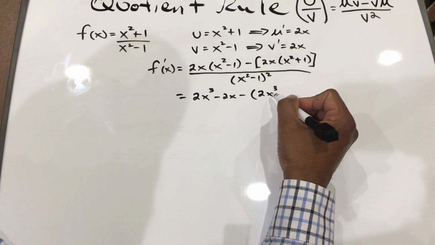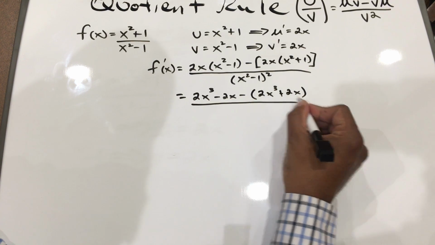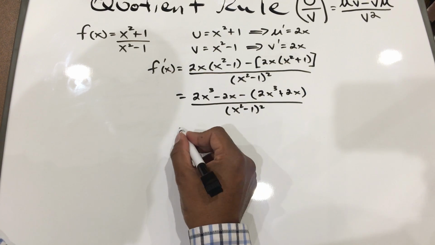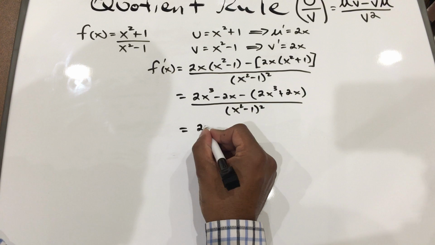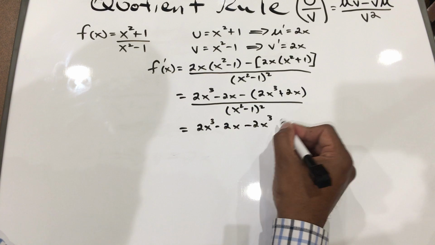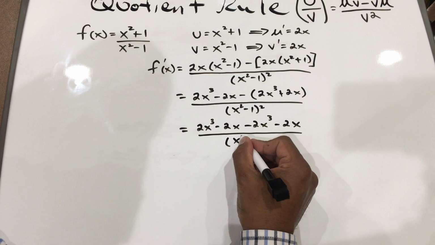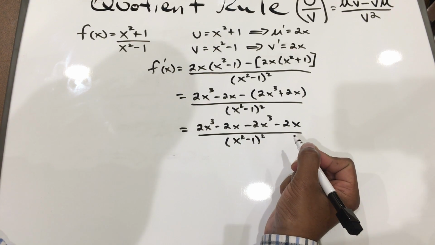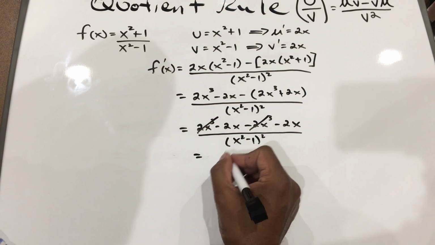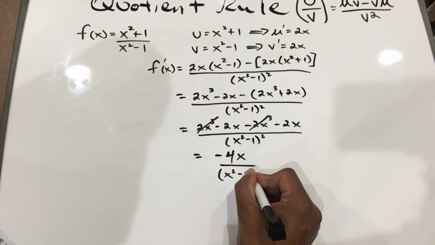So 2x times x squared is 2x cubed plus 2x, divided by x squared minus 1 to the quantity squared, equals 2x cubed minus 2x minus 2x cubed minus 2x, all of this divided by x squared minus 1, quantity squared. And as you can see, these will cancel out, and you'll be left with minus 4x over x squared minus 1, quantity squared.